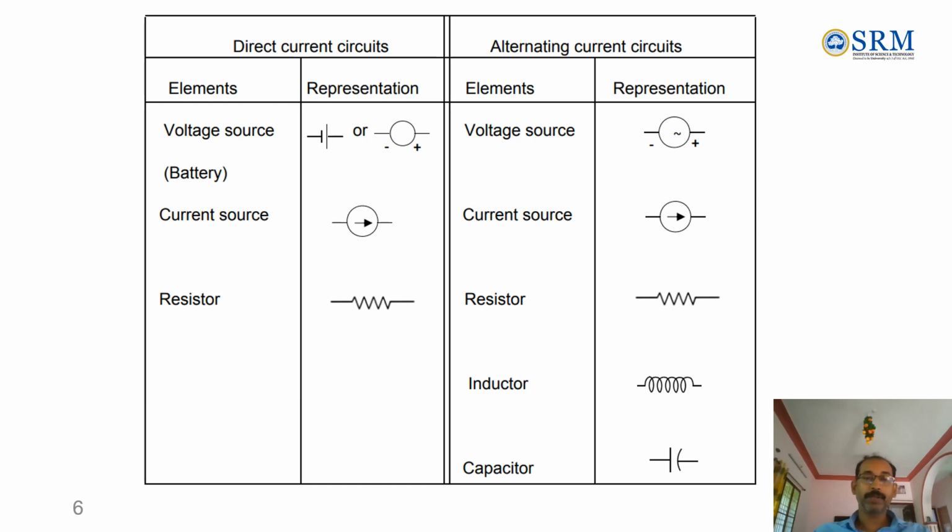So this positive plate is called plus and the negative plate is called minus. It is understood. The resistance is represented with this symbol, the resistor. Voltage source of AC, current source again of AC. Resistor, inductor, capacitor are represented with these symbols.